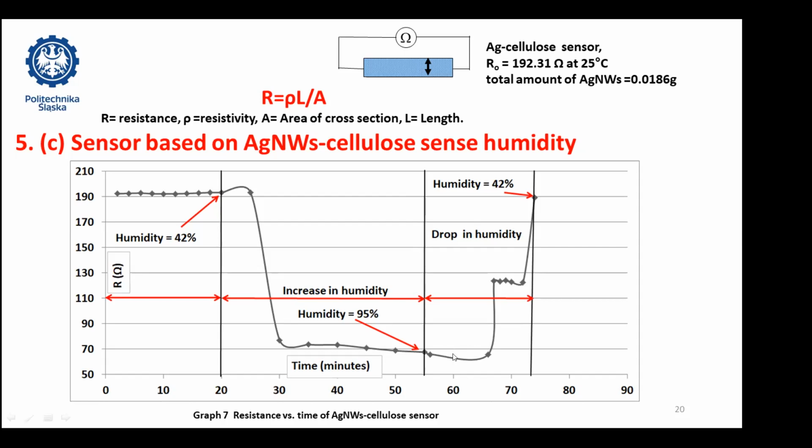As you can see, for a few minutes the resistance remains constant, and then it starts to increase. Again, this is perfectly the concept. When the humidity is removed, the swollen sensor deswells, the cross-sectional area becomes lesser, and the resistance increases.